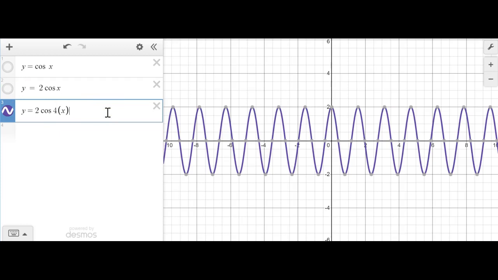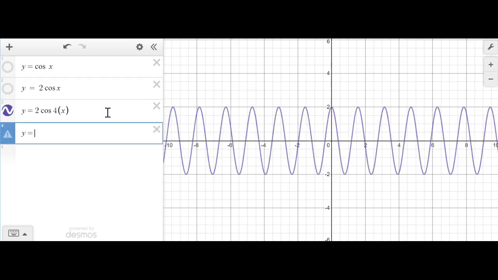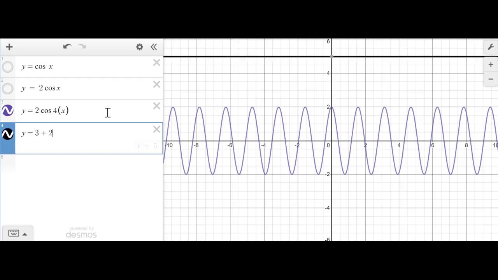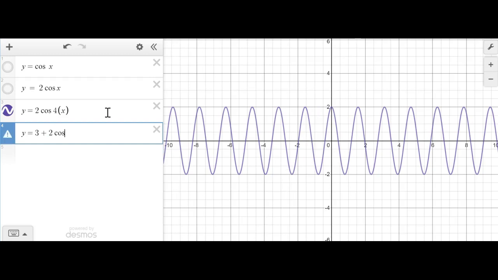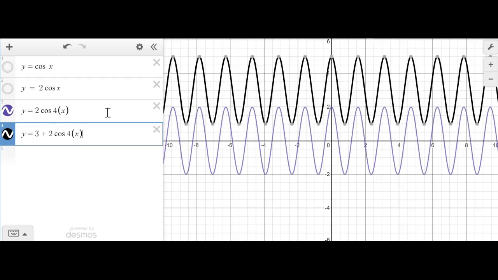Now the next thing that happens is the C. So in our example, C is 3. So we're going to have this thing shift up. We're going to keep that 2 cosine 4 times x, and now we've shifted up by 3 units. So we took the existing graph and we shifted up by 3 units.